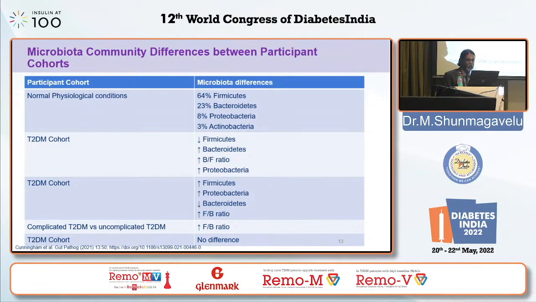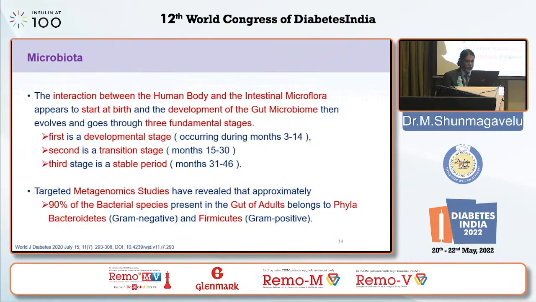Under normal physiological conditions, 90% is contributed predominantly by Firmicutes and Bacteroidetes. With the type 2 diabetes cohort, 90% is also contributed by Firmicutes and Bacteroidetes. But a very important thing is that there is a change in the Bacteroidetes to Firmicutes ratio. The interaction between the human body and the intestinal microflora appears to start at birth.